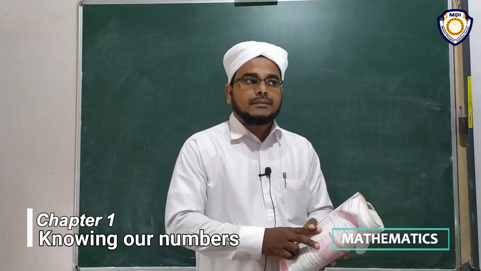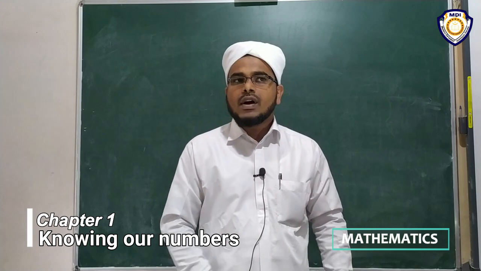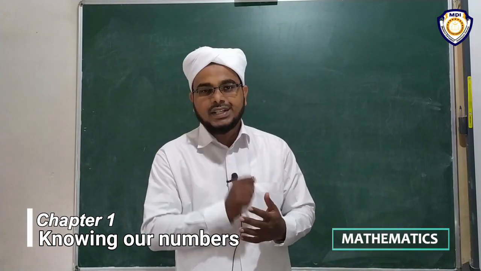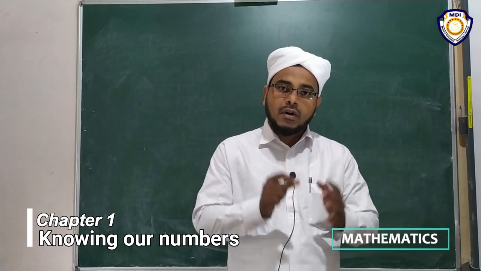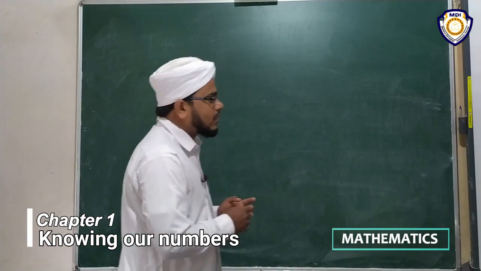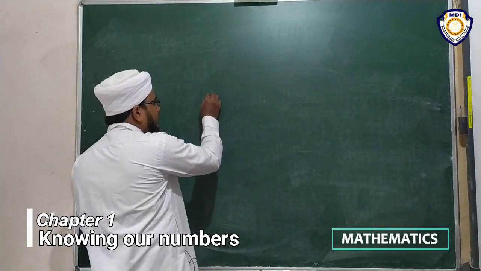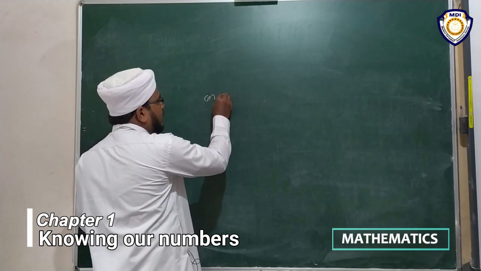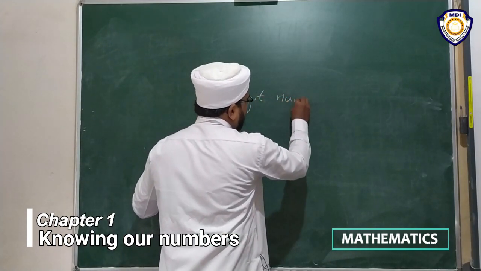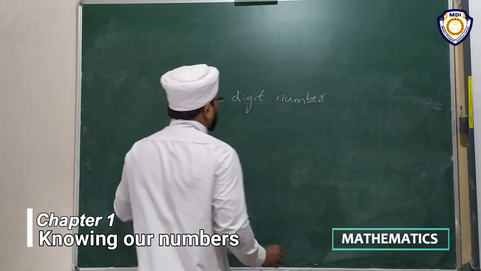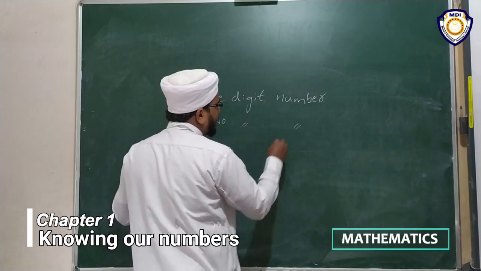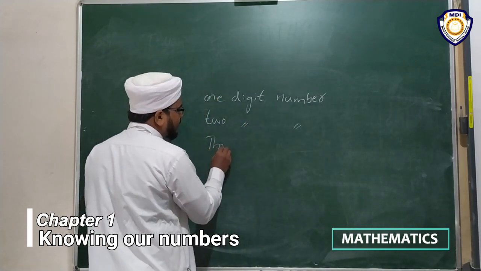May I ask a question? What is the smallest number using one digit? There are one digit numbers, then 2-digit numbers, 3-digit numbers.